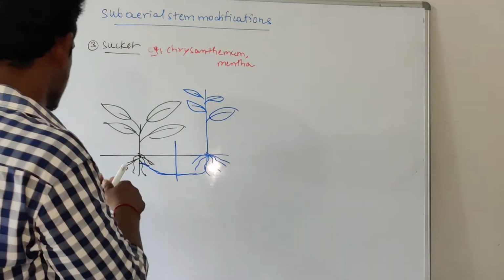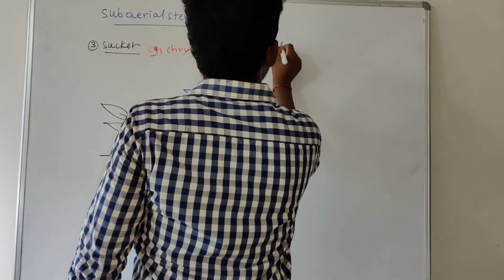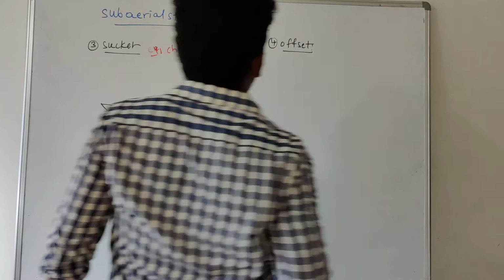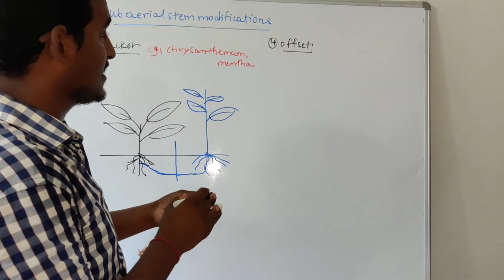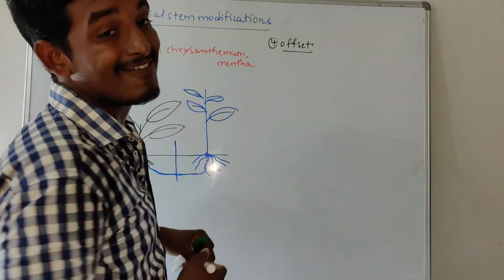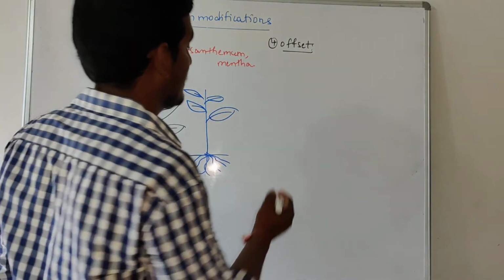Next one is the offset. The offset is similar to the runner, but here the offset grows in an aquatic habitat, whereas the runner grows in a terrestrial habitat.